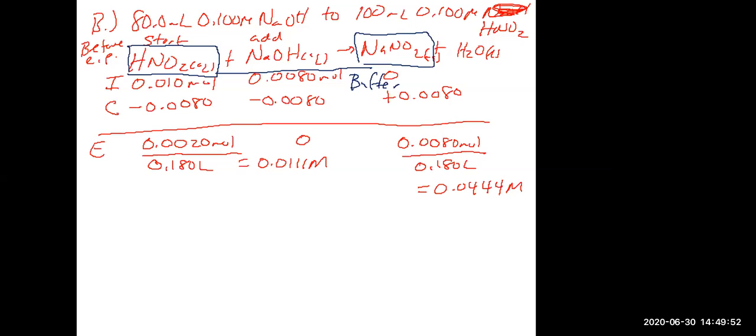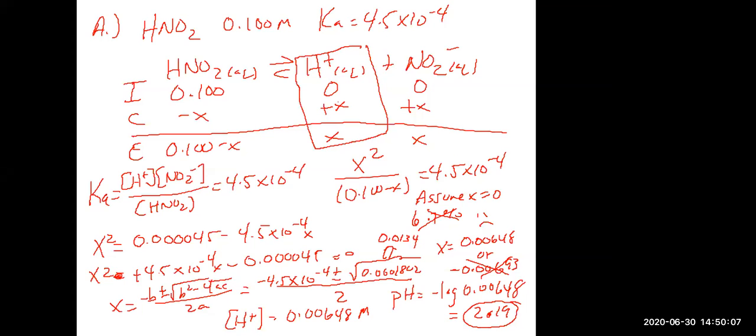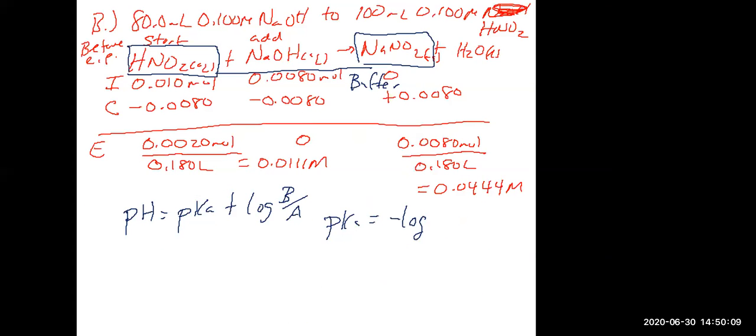Since we should have a buffer here, you can go into the Henderson-Hasselbalch equation: pKa plus the log of the base over the acid. Our pKa value in this case is minus the log of 4.5 times 10 to the minus 4, and that would get you 3.35.